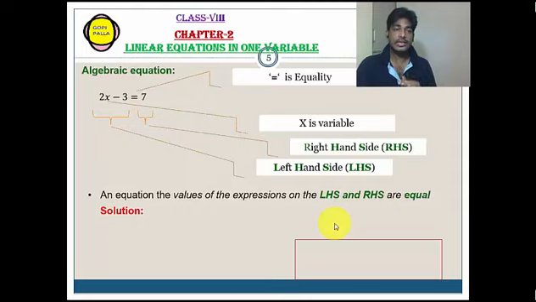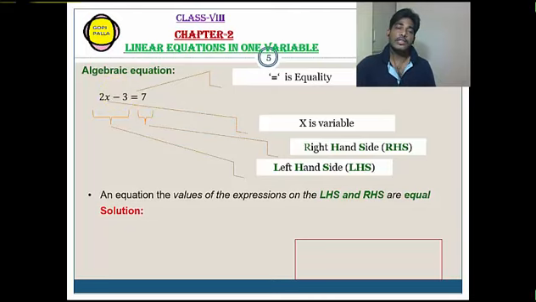For solving an algebraic equation, there are steps. The first step is we should eliminate the constant next to the variable, here 3 is the constant, and we should make sure that only the variable x remains on one side. So how to get that x, we're going to see.